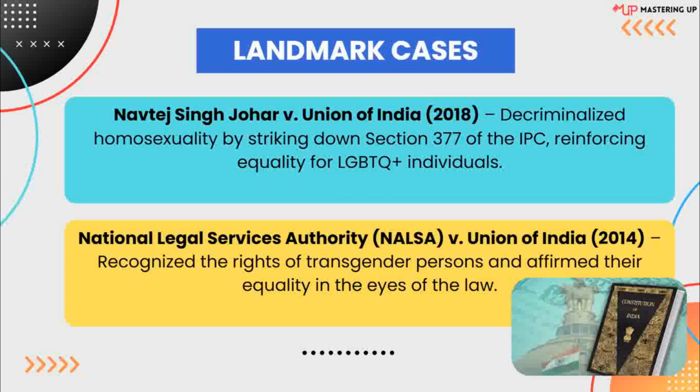Key point: Section 377 was seen as discriminatory towards LGBTQ plus individuals, violating Articles 14, 15, and 21. The judgment of the Supreme Court ruled that consensual same-sex relations are not a crime, and also reinforced the idea that equality must extend to sexual minorities.